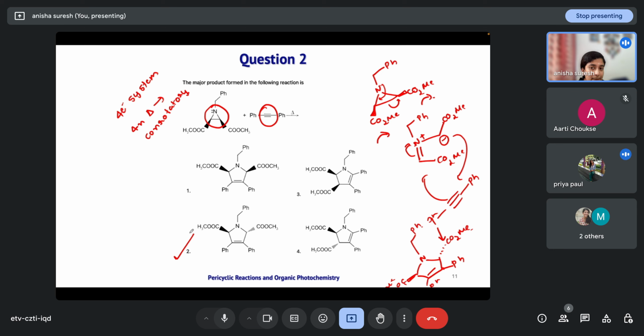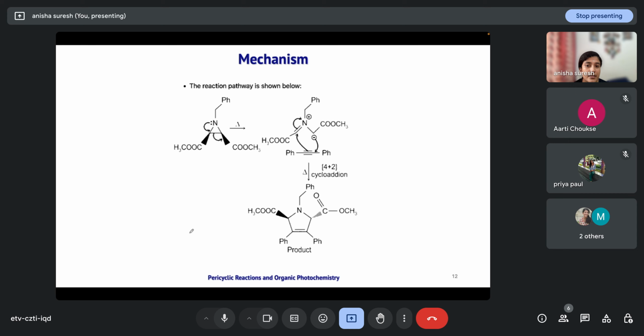How is it taking place? Yes, ma'am. Clear. Okay. So this is the mechanism. Once electrocyclic ring opening takes place, we should follow 4n conrotation for thermal electrocyclic ring opening, and that will give this dipole, and this is the dipolarophile.